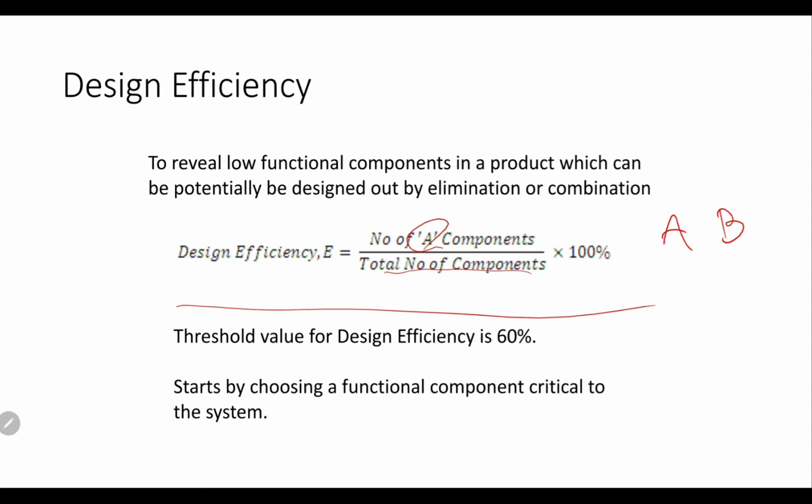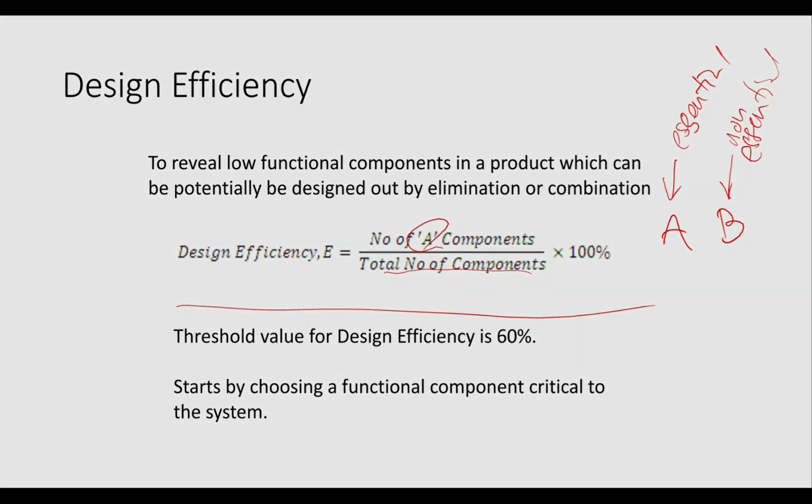A is actually the critical or essential components, and B is non-critical or non-essential. Okay, how do we identify our parts falls into the essential or non-essential categories?